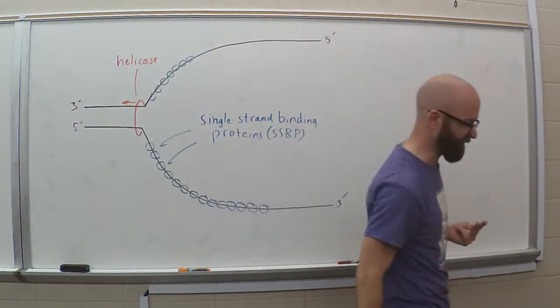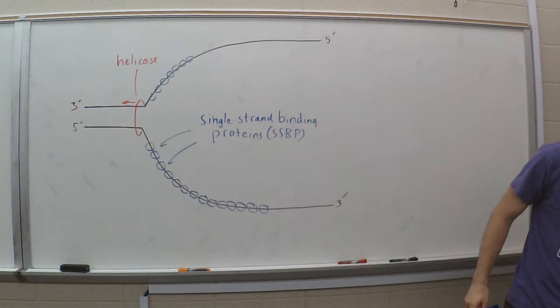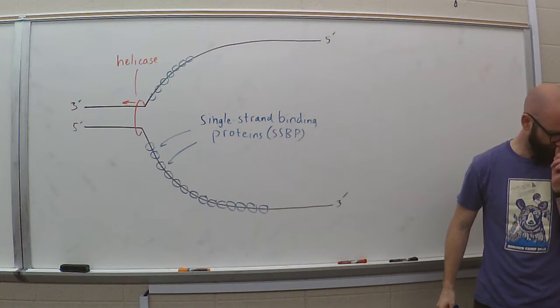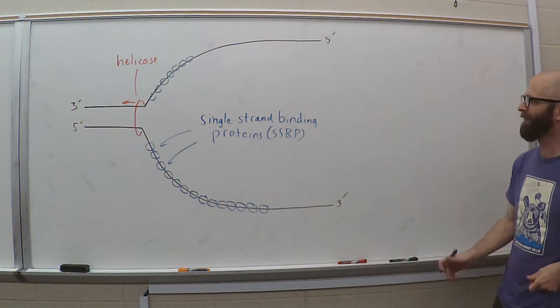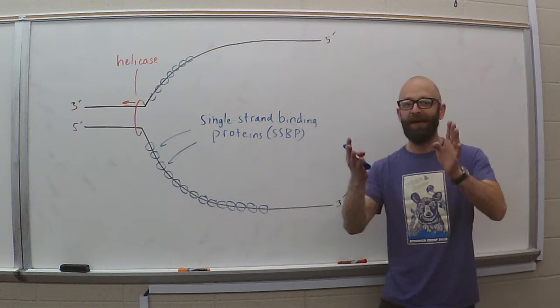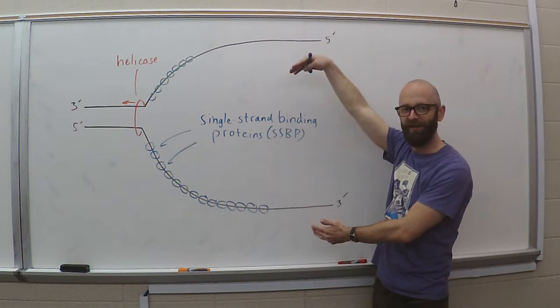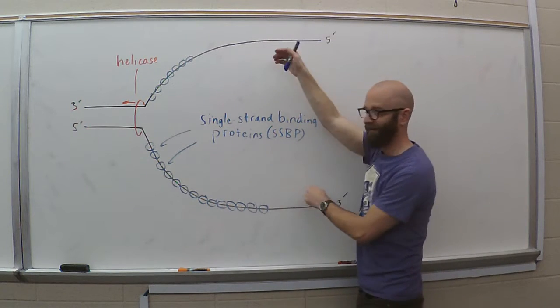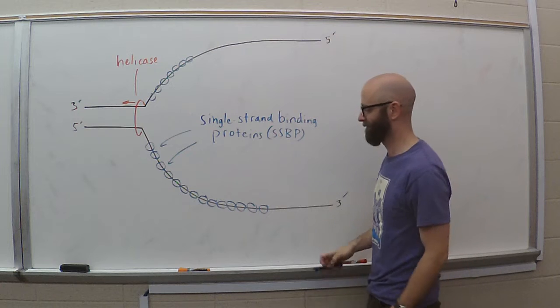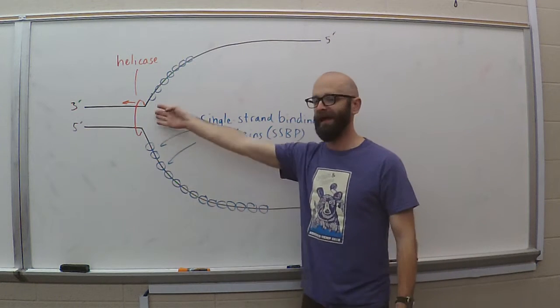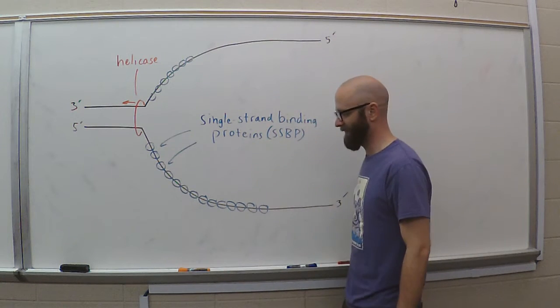So that's what single strand binding proteins do. Okay. So this is step one, right? Step one is just pulling apart that double helix and keeping the two strands from sticking back together. And that's done by helicase and the SSBPs.